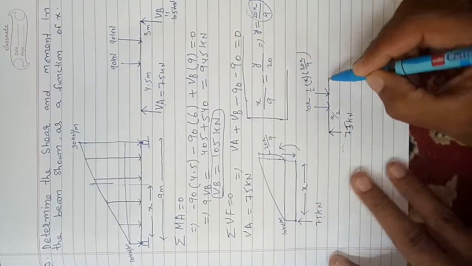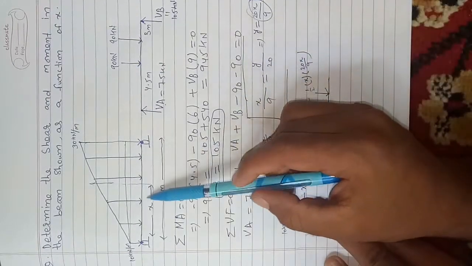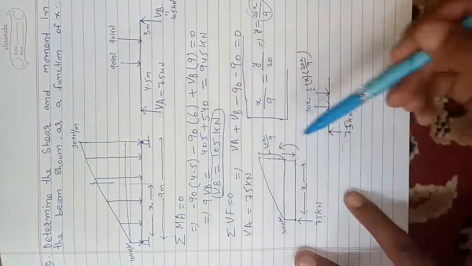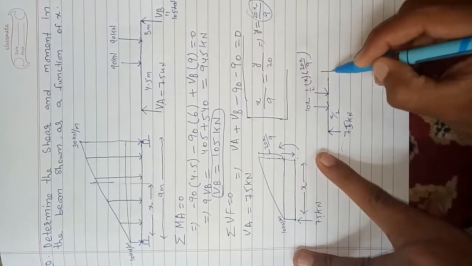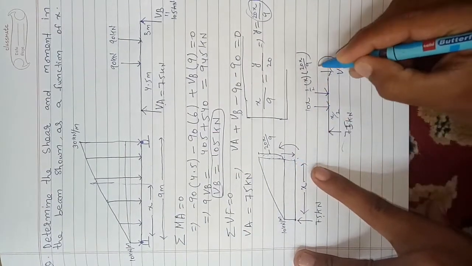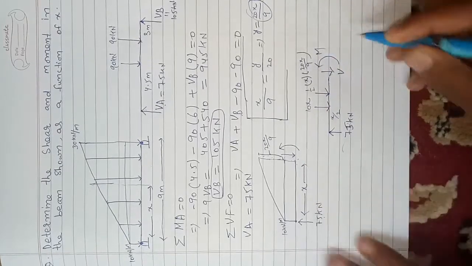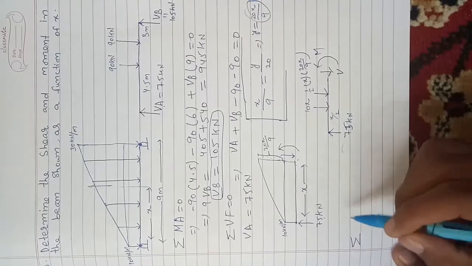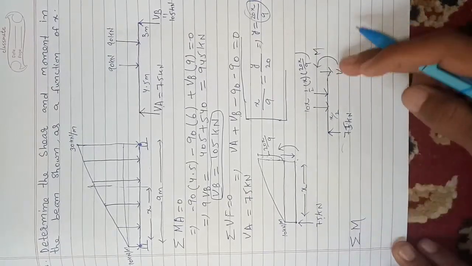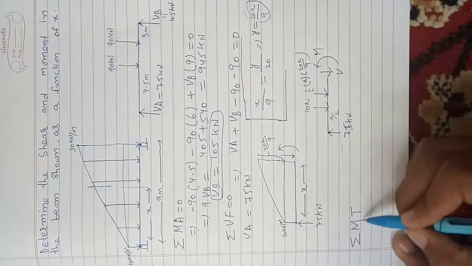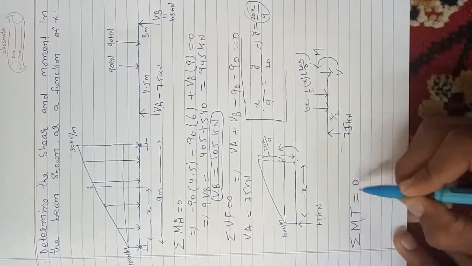And here we are breaking this beam, so this will give 3 support reactions, but the horizontal force is 0, so I write only 2 reactions here, that is V and this moment M. Now I can find easily. First I will use the equation summation of moment at this point. I will take this point as, suppose, point T. Summation of moment at point T will be 0.